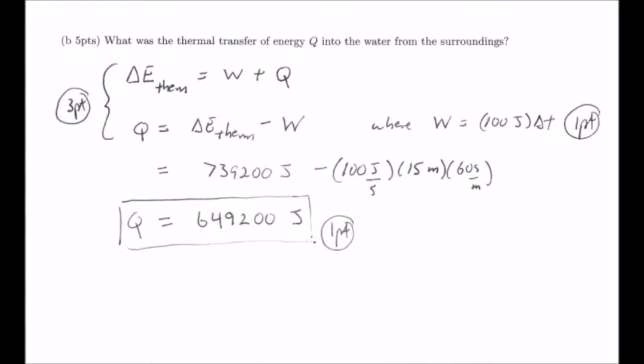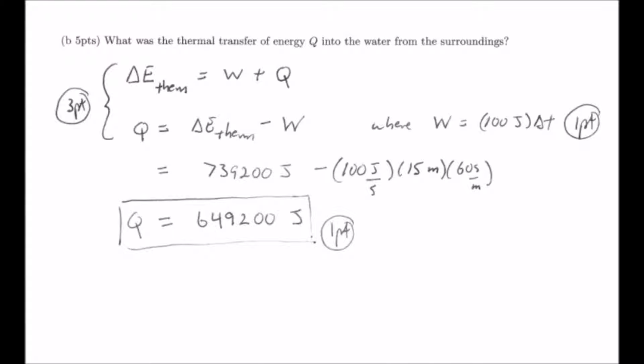A fundamental principle about thermal energy is that it equals the work plus the transfer of energy, Q. Rearranging, Q equals delta E thermal minus W. We already know delta E thermal from part A, so we just need to find W, which is 100 joules per second times 15 minutes times 60 seconds per minute. Subtracting it from 739,200 joules, the delta E thermal, our resulting Q value is 649,200 joules.